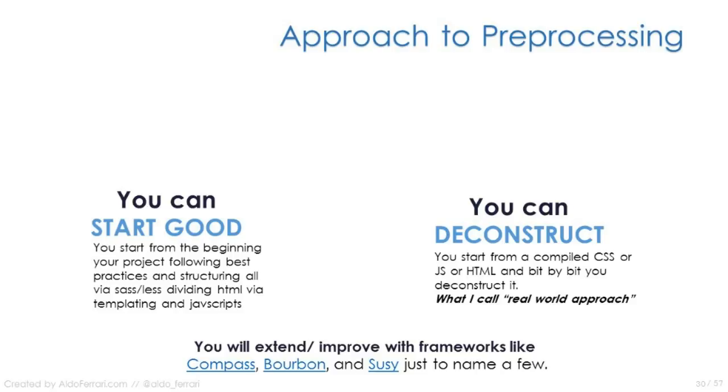And you take the large CSS and you decompose it bit by bit, because you can copy and paste plain CSS into an SCSS file, and the Sass file will just compile the original CSS into the same one-to-one CSS.